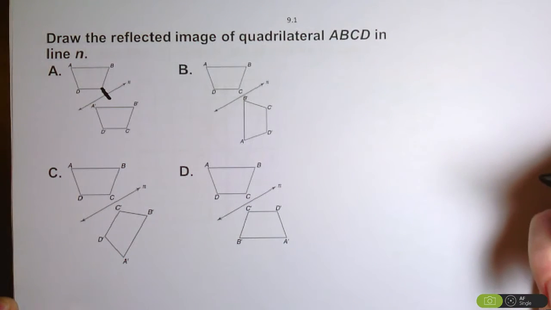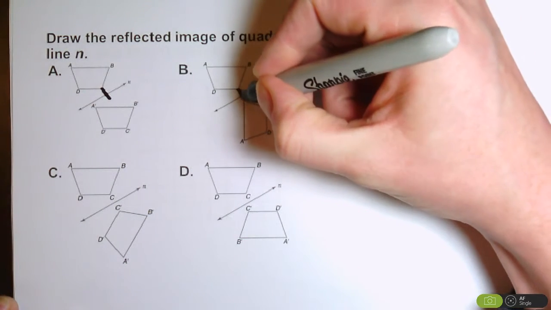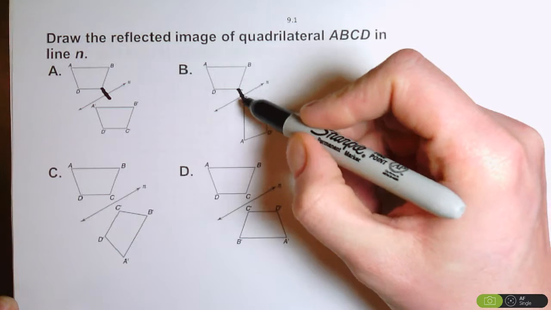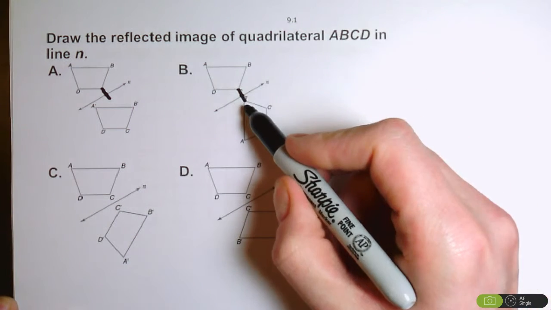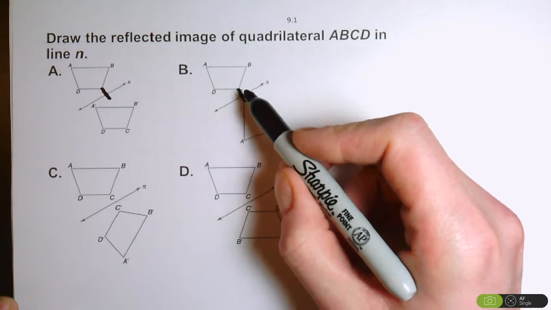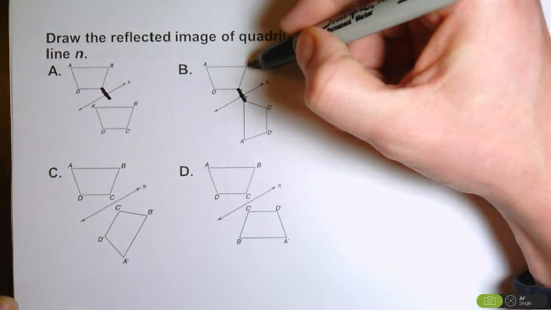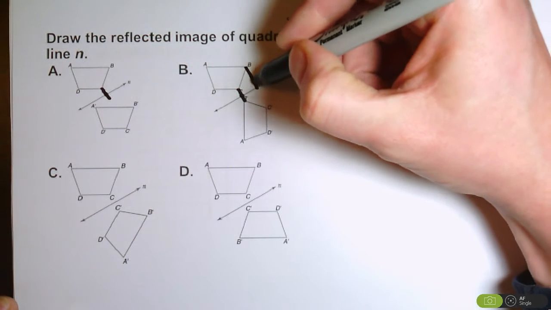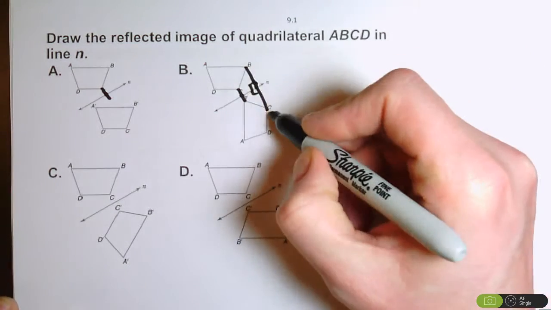There's no point C the same distance away. If I look at B, and point C, yes, there's a point that's the same distance away from it, but it's not point B on your sheet. I know it kind of blurred out here, but this is point C. This is B prime. This would have to be C prime. Same thing here. Here's point B. Here's the perpendicular distance, but the point that's the same distance away perpendicular to it is not B prime. It's C prime.